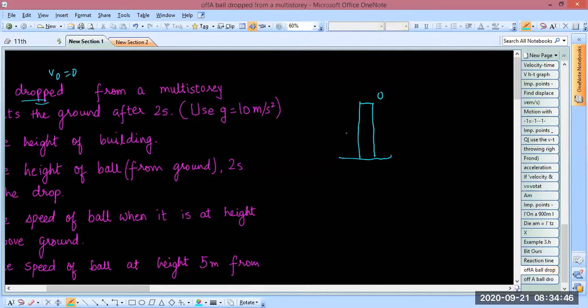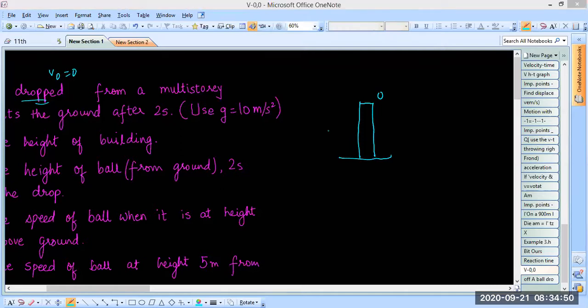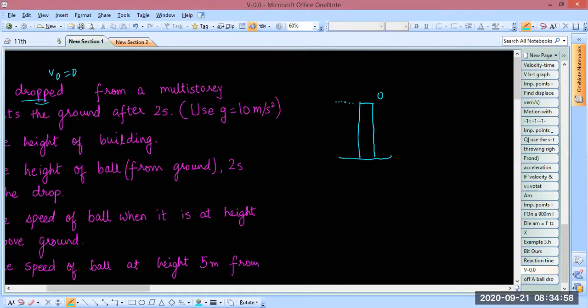Whenever you are studying any kind of motion, it is very important that we decide where we will take a reference point. So let's take a reference point here, this is the origin, or reference point. We'll take downwards as negative and upwards as positive.